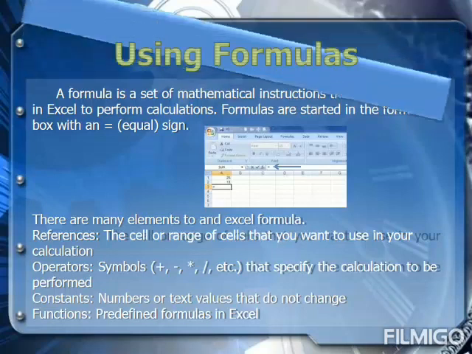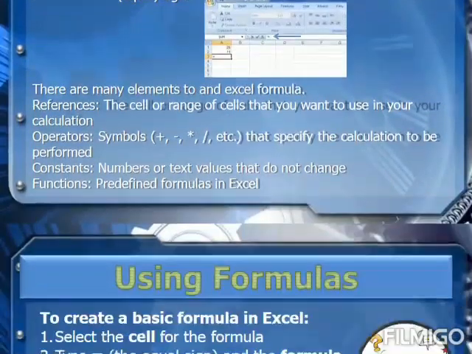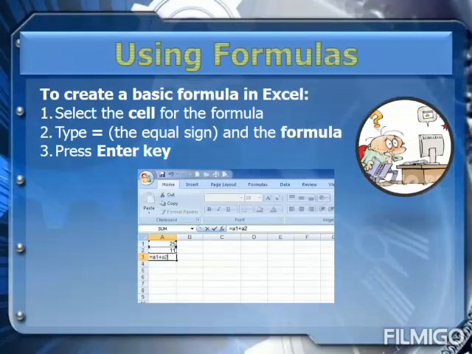Always start your formula with an equal sign. After writing the formula, press the enter button to get the result. Here you can see that I have taken two values in cell references A1 and A2, and I will start my formula with an equal sign, then A1 plus A2. When I press the enter button, the result will be displayed in that cell.